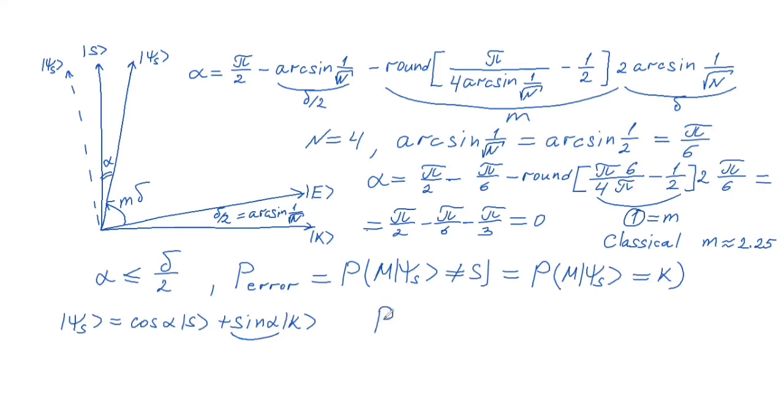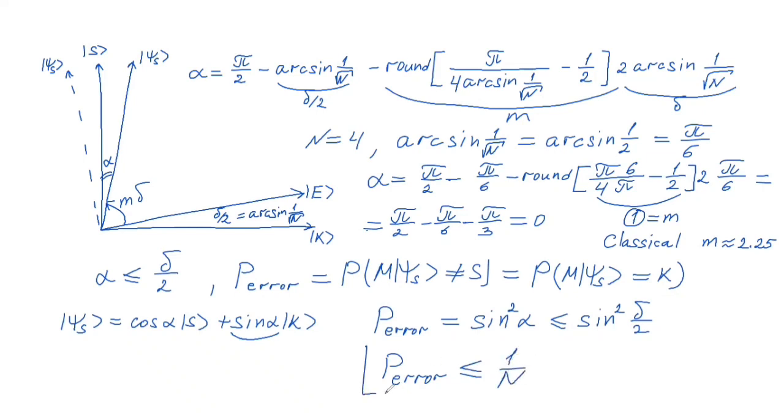So the probability of an error is equal to sine squared alpha, and this is smaller than sine squared delta over 2, and therefore in general for large n, the probability of an error is smaller than 1 over n.